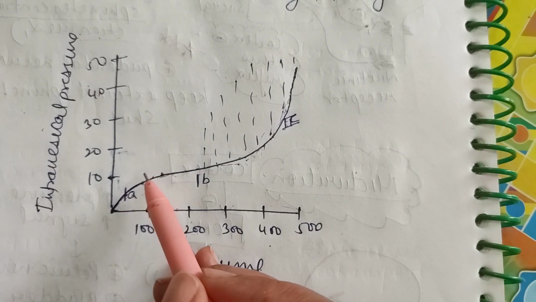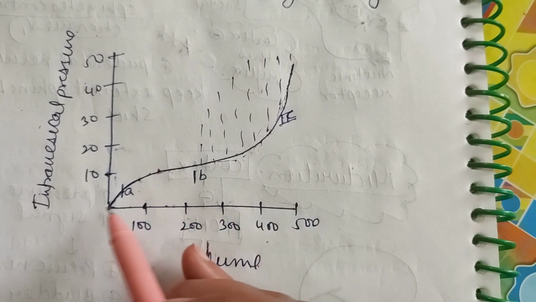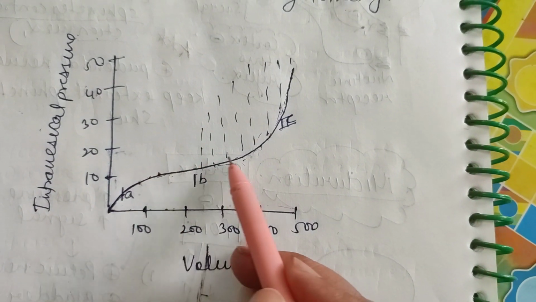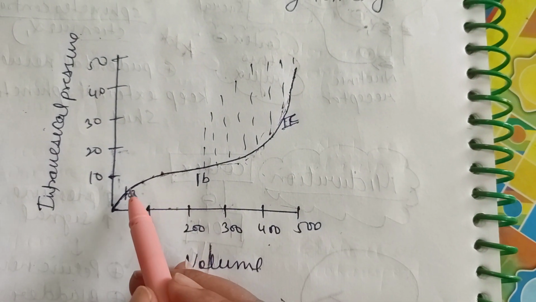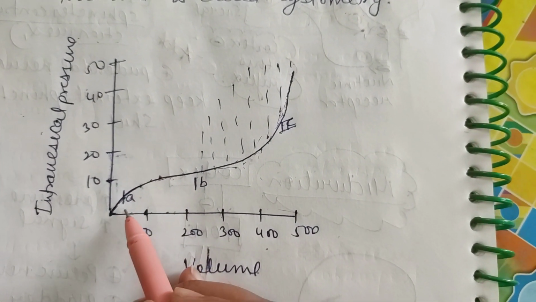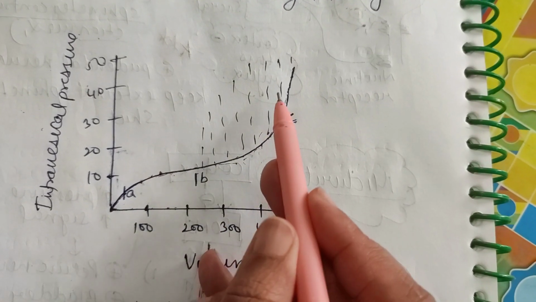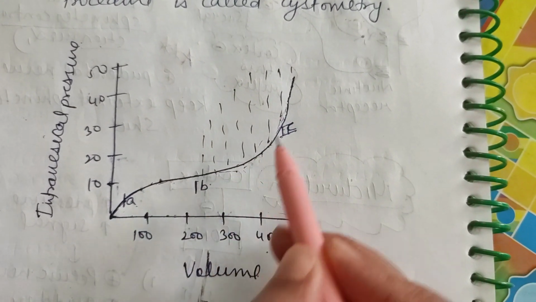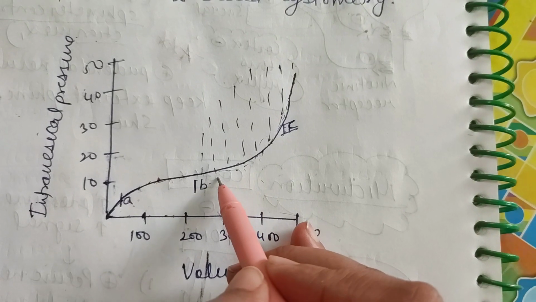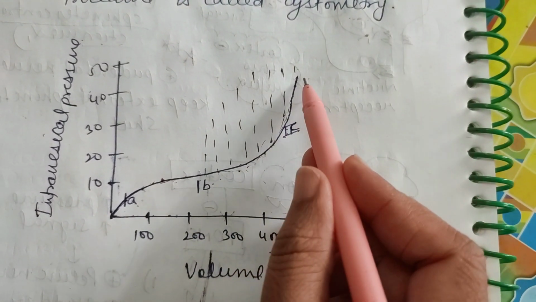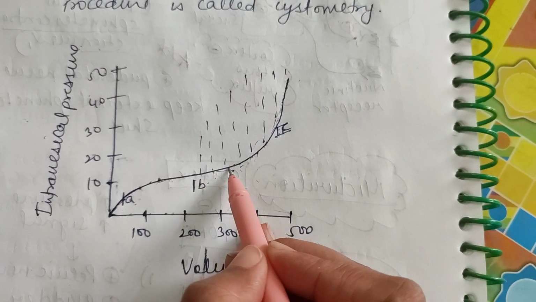So with every 50 ml change in volume they recorded the pressure, and that's the plot they got, right? So they named this plot as 1A, 1B and 2.